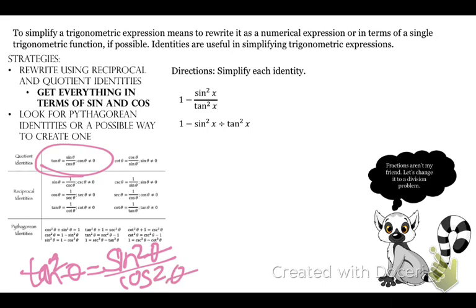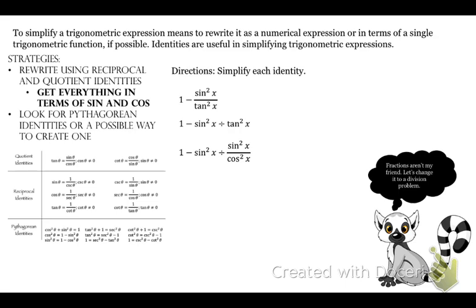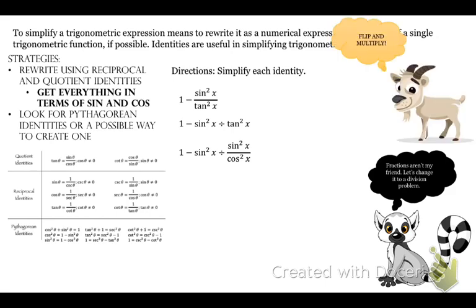So here this is going to be 1 minus sine squared of theta divided by sine squared of theta over cosine squared of theta. Now remember, when you divide by a fraction, you just flip it and multiply. So we can flip that second fraction and it becomes 1 minus sine squared of theta times cosine squared of theta over sine squared of theta. Put that over 1.